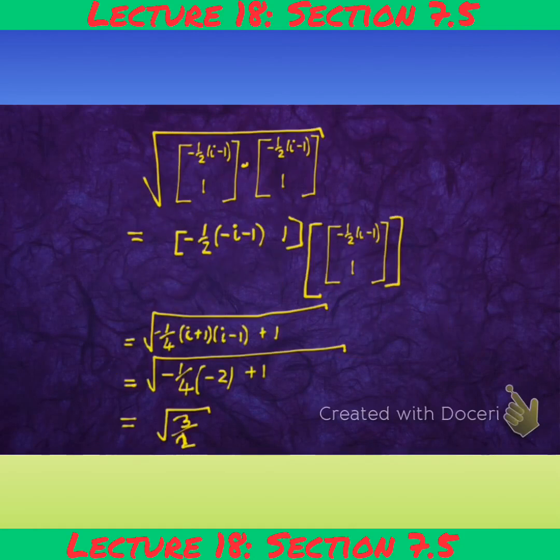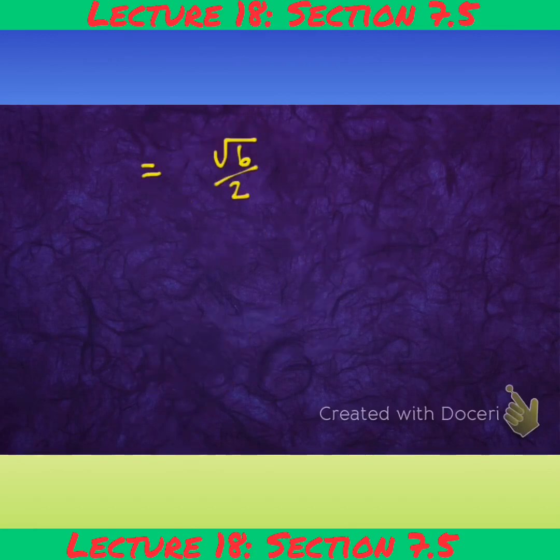Multiplying that term with that term, and then adding that to 1, we get the square root of that whole term, and that reduces to square root 3 over square root 2. It can be written as square root 6 over 2.